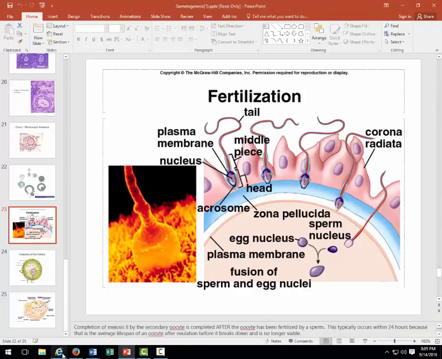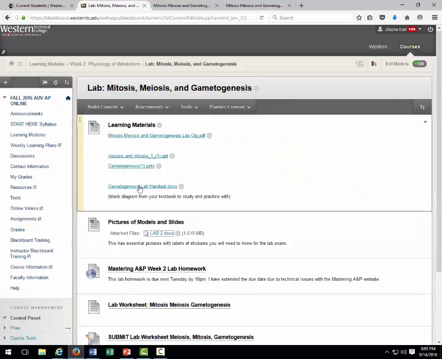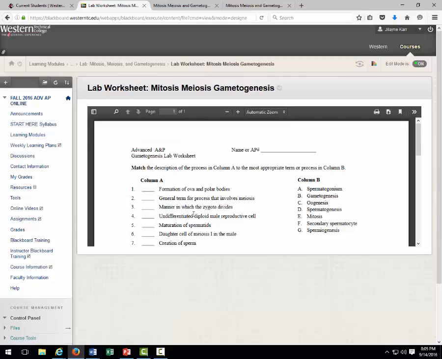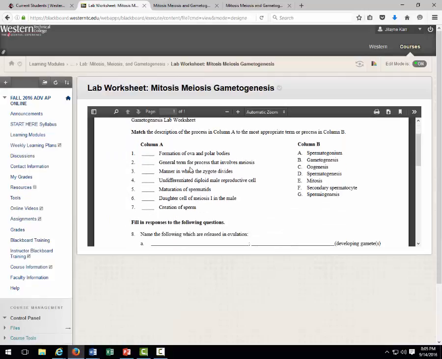So now let's look at your worksheet that I handed out. Number 1, formation of ova and polar bodies is what process? Oogenesis. And the general term for a process that involves meiosis? Gametogenesis. Yep, letter B. The manner in which the zygote is going to divide.